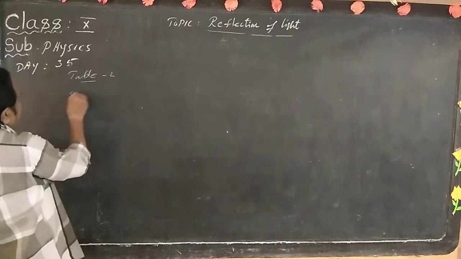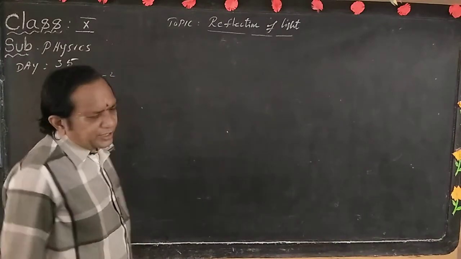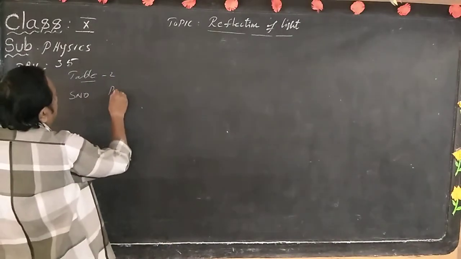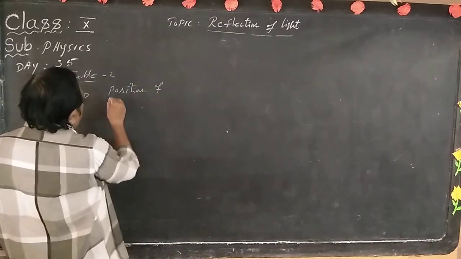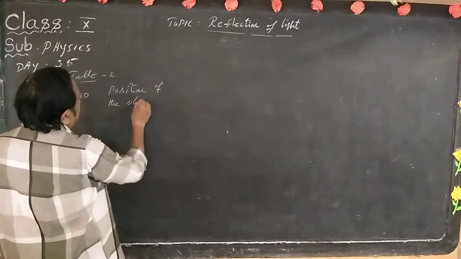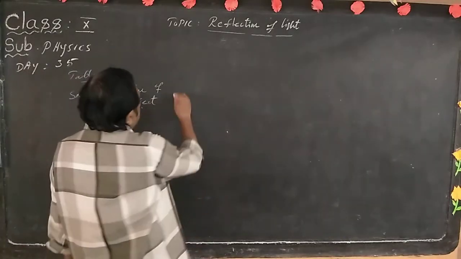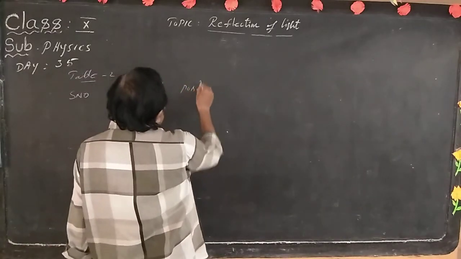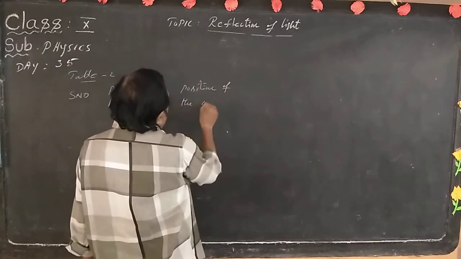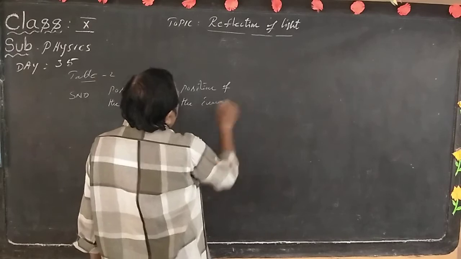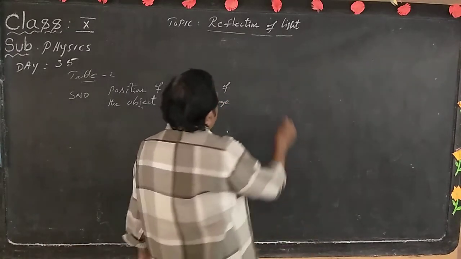So in this we have to consider the serial number, the position of the object, the position of the image, and the nature of the image.